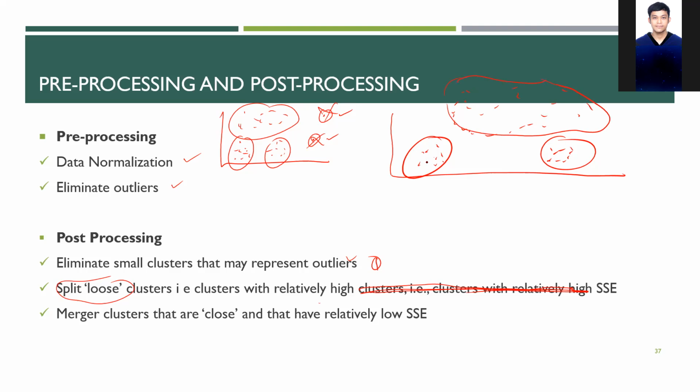Okay, so cluster 1 is okay, cluster 2 is okay, but for cluster 3, the SSE may be very high. The distance between a data point, the farthest data point, and the centroid is very far away, for example. So in this case, we can split this cluster into 2. Okay, so the result will be maybe like this: cluster 1, cluster 2, cluster 3, and cluster 4.